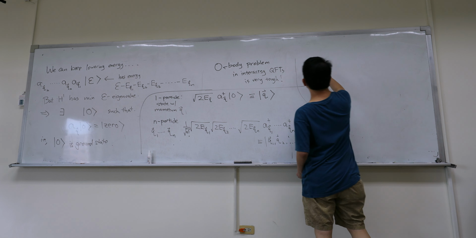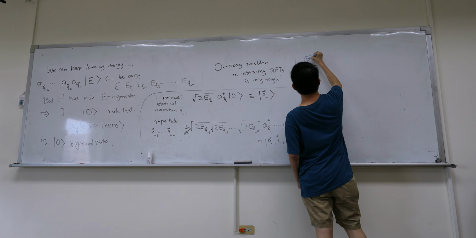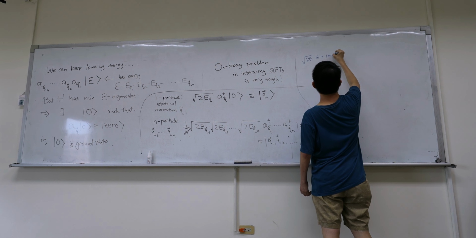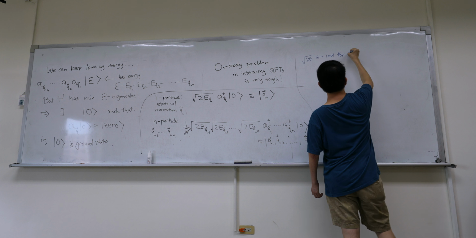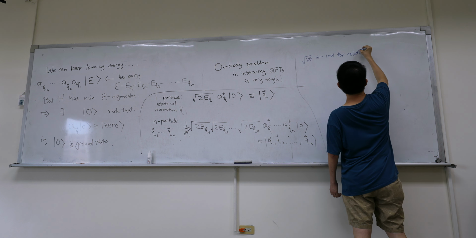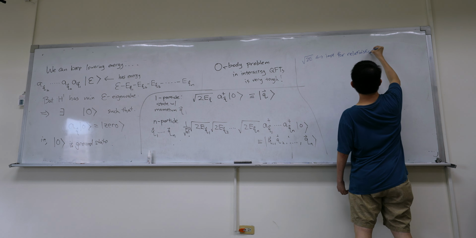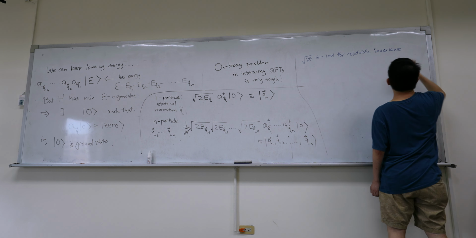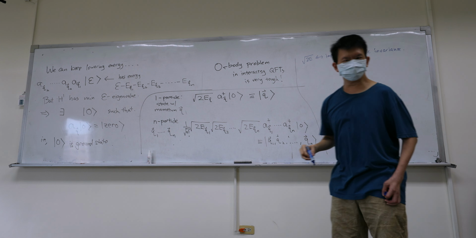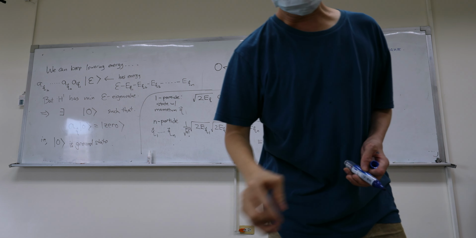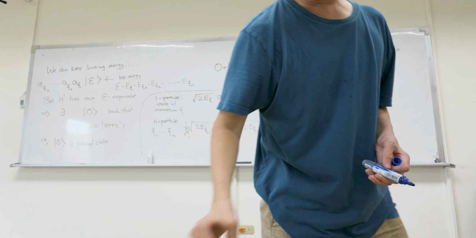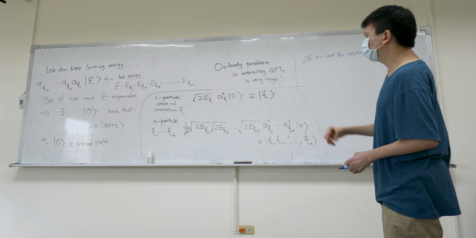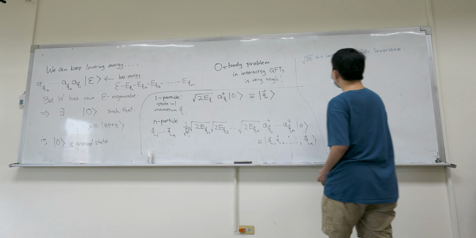Let me say that the square root of 2E is important for relativistic invariance. I think Peskin and Schroeder complain that some books don't normalize it in this way. So I don't think that's quite right. So what do I mean by this?